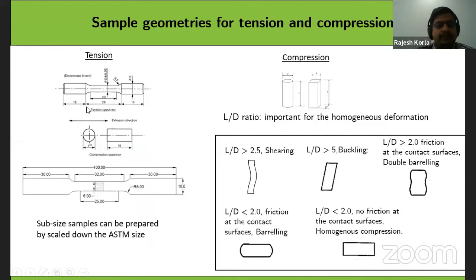So what kind of samples do they typically use in the conventional tension machine? This is a cylindrical cross-section tension sample, and this is a rectangular cross-section tensile sample. This depends on your sample material, what condition the material is in, and what you want to do on the post-deformed sample.